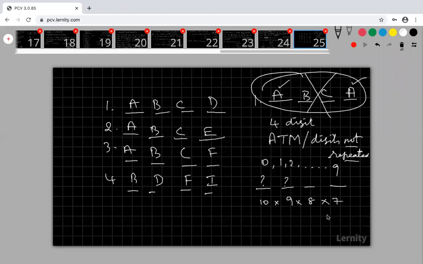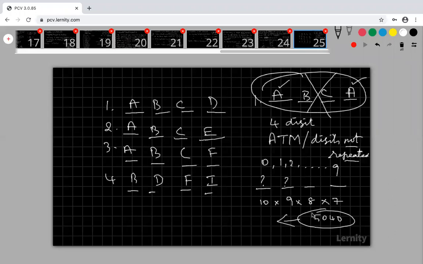Are you okay? So totally how many number of ways? 5040. So this means I can make 5040 ATM pins. I can choose any one ATM pin in these 5040 ways.